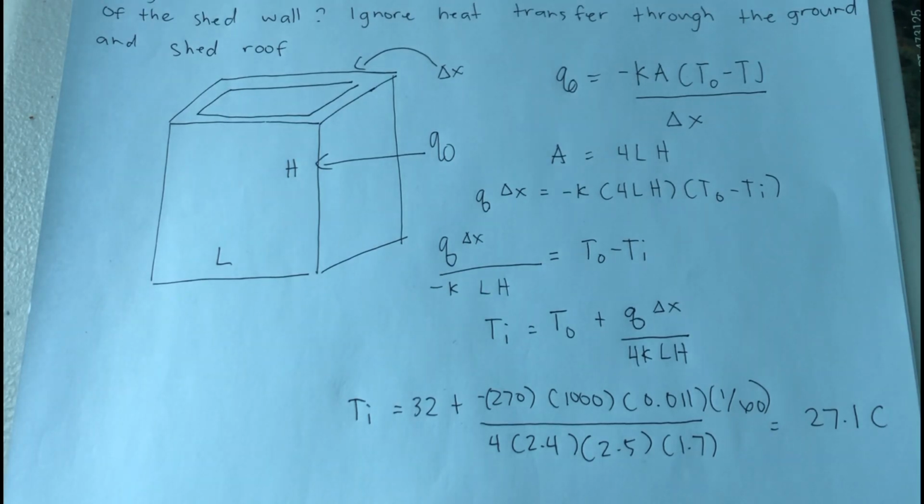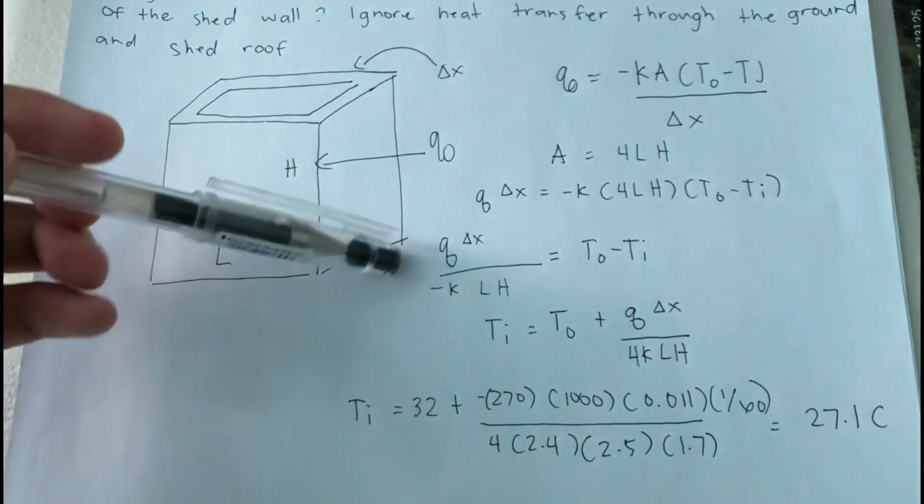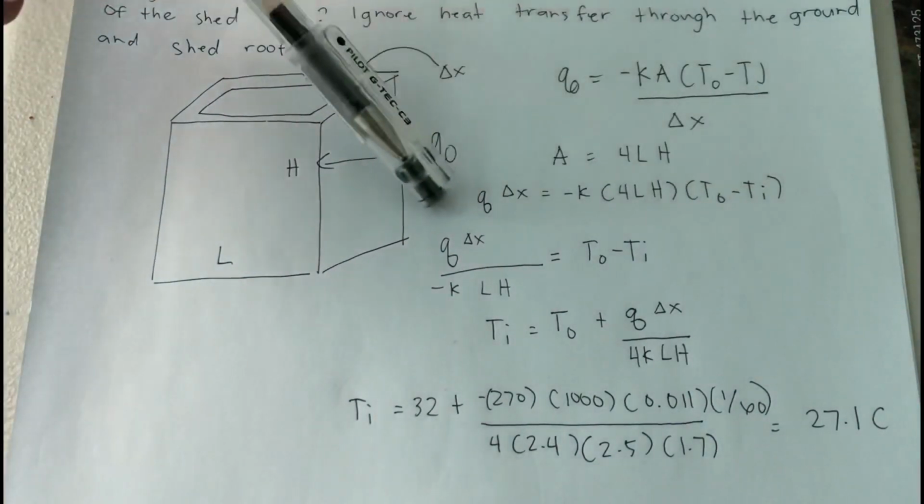We have everything we need to solve the problem, but before plugging in numbers, let's rearrange to get Ti by itself. That's the equation that I'm talking about.